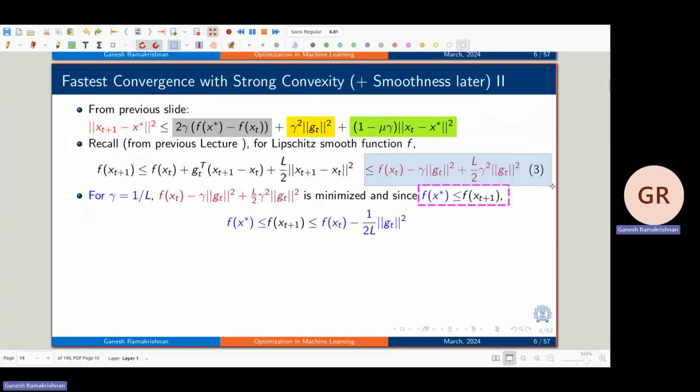If you recall, I could minimize the right hand side for gamma equals 1 by L. So for gamma equals 1 by L, this right hand side is minimized, and now I get a simpler expression. f of x star is less than or equal to f of xt plus 1, which is less than or equal to f of xt minus 1 by 2L norm gt squared.